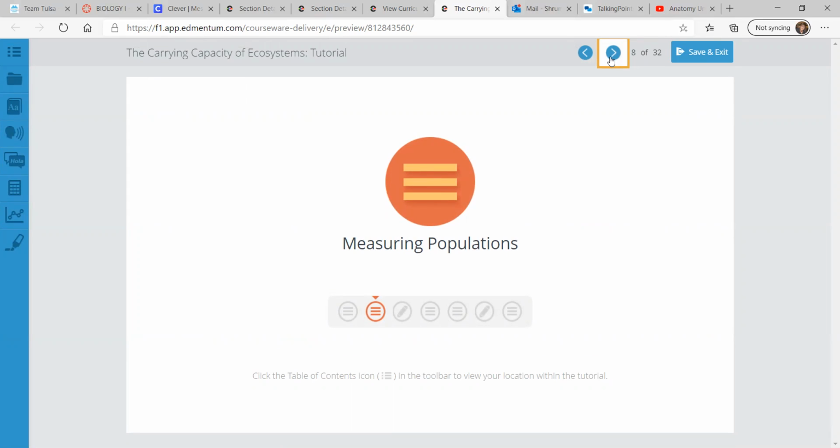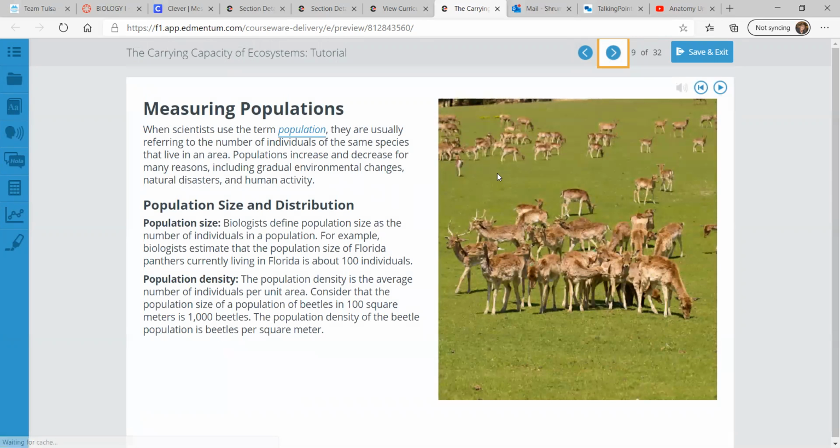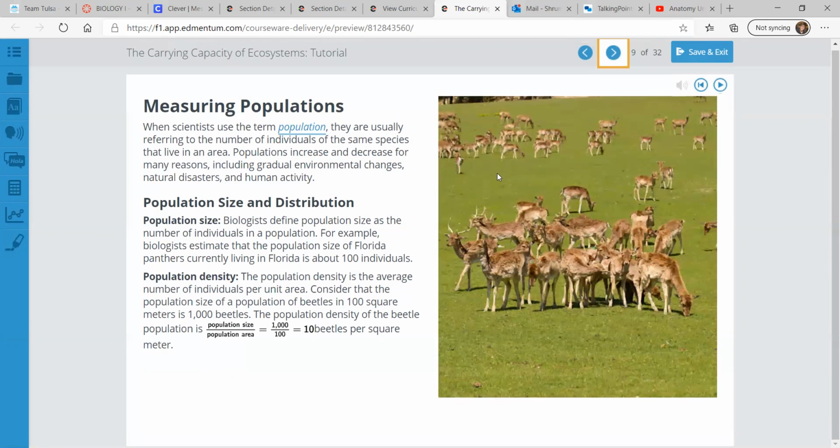Okay, so we are on our first content topic, measuring populations. Now, when scientists use the term population, they are usually referring to the number of individuals of the same species that live in an area.